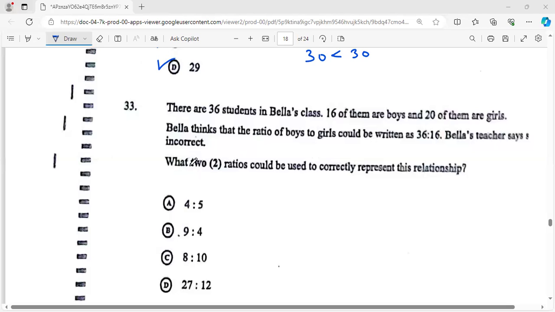Look what it says: what 2 ratios could be used to correctly represent the relationship? Guys, please stop running over the reading. We just have to get in the habit of reading the instructions and then answering what they ask us. If they say 2 options, you choose the 2 answers. If you leave out 1, you will not gain that mark.